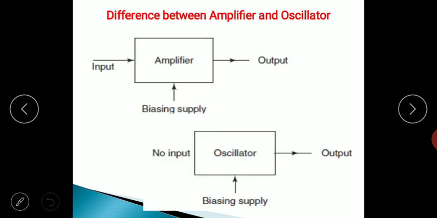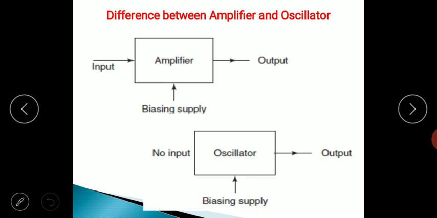Now, what is the major difference between an amplifier and an oscillator, which is very clear in this particular slide. You can see the first diagram is of an amplifier. An amplifier always needs biasing supply voltages. Some amplifiers need a single power supply, some need dual power supply, like the operational amplifier we have studied. The operational amplifier needs dual power supply like plus VCC and minus VCC.